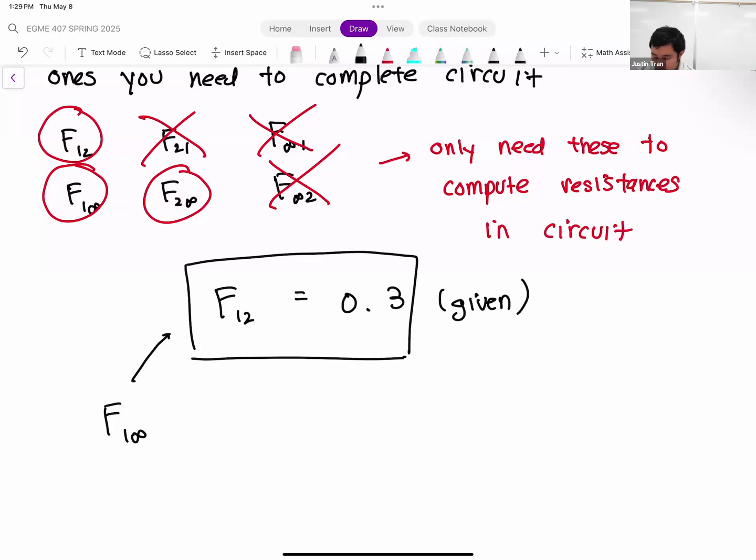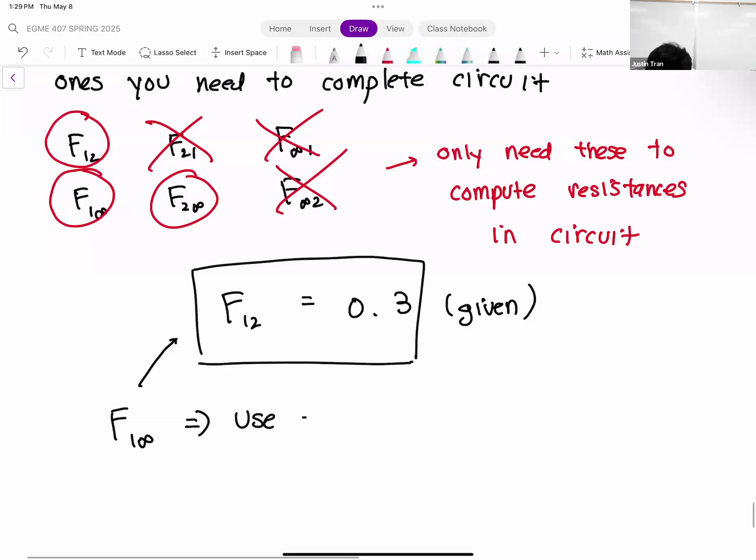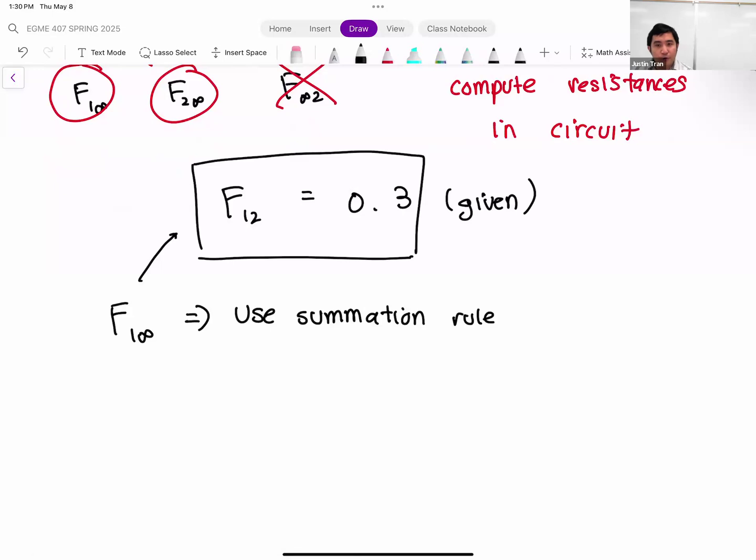So that tells us that we're very likely to be able to compute this one using the summation rule. Because if we sum up all the view factors that involve surface 1, they should all equal 1 because we're assuming that we have an enclosed situation here.